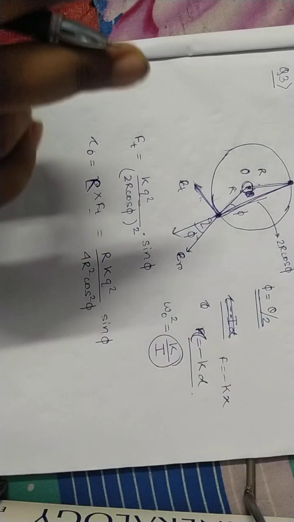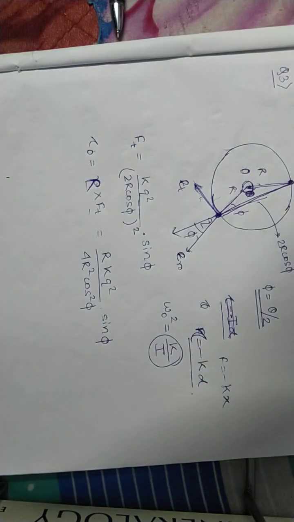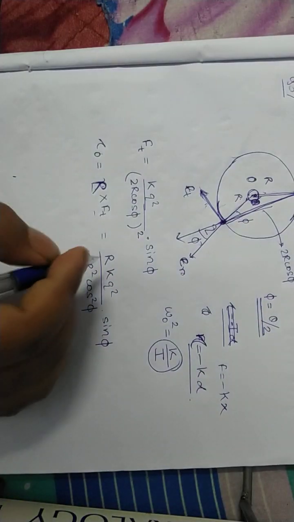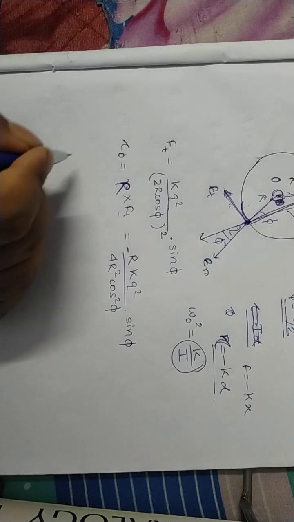Now this is the torque. Which direction is this torque acting? Downward. You can easily verify this torque is pointing downward, so you have a minus sign here.